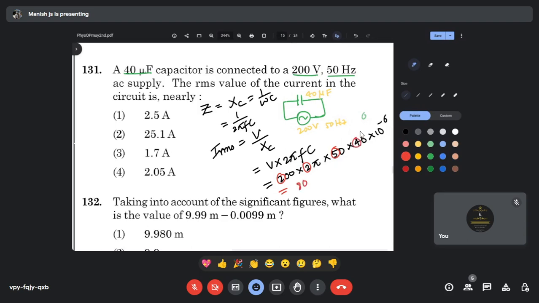All the numbers I multiplied. Then the number of tens: here it is 10 to the power 2, 10 to the power 2 into 10 is 10 to the power 3, and 3 minus 6 is minus 3. So 8 into 3.14 into 10 to the power minus 2. 8 into 3.14 is 25.12.